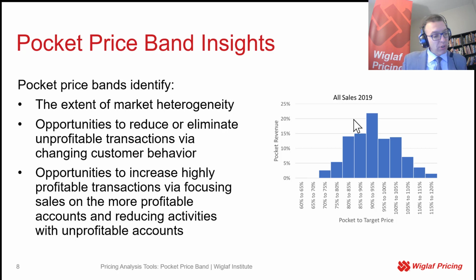And for instance, looking at this pocket price band, some of the questions that come to mind for me is, okay, what is driving these low prices down here? Is there some type of behavior that the customer is engaging in that we're rewarding with a lower price?